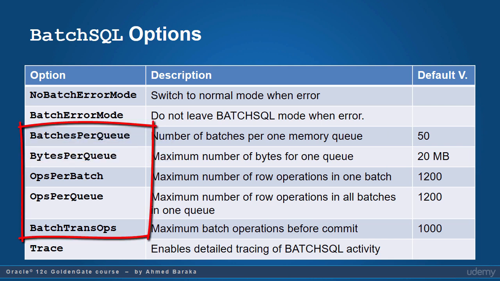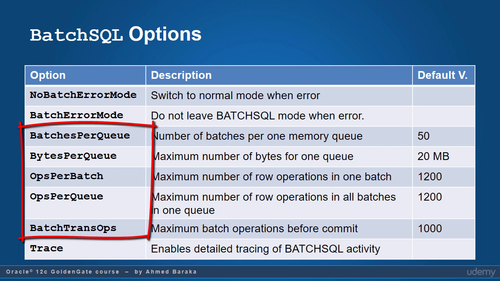The 5 options that come after that in the list control the memory used by the replicate when it works in Batch SQL mode. The batches are saved in a memory area called the memory queue.